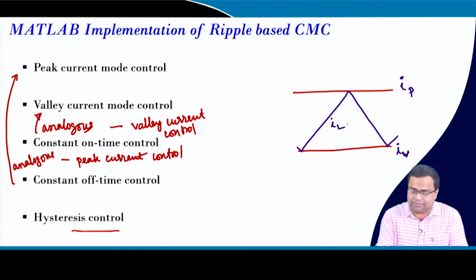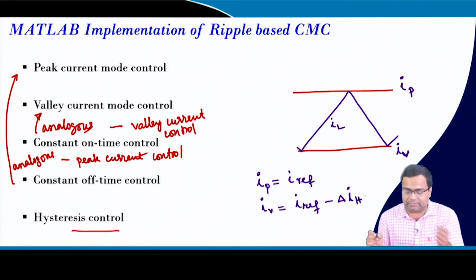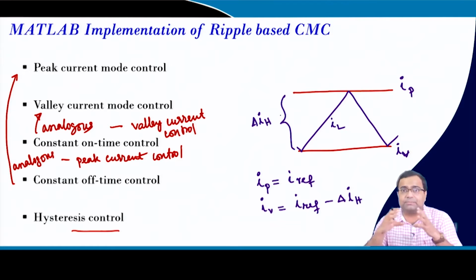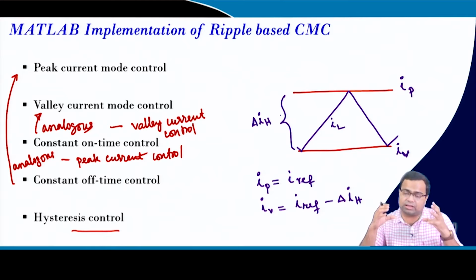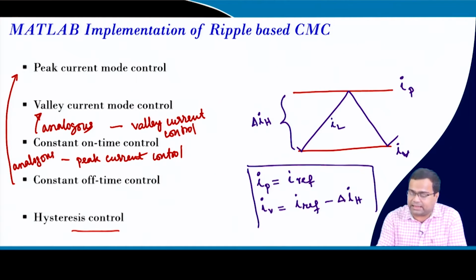If we set I peak equal to I ref, and I valley to I ref minus delta IH, we directly control the peak current, and the hysteresis band is used to control the ripple of the current as well as the switching frequency. So here we are setting the peak current mode configuration.